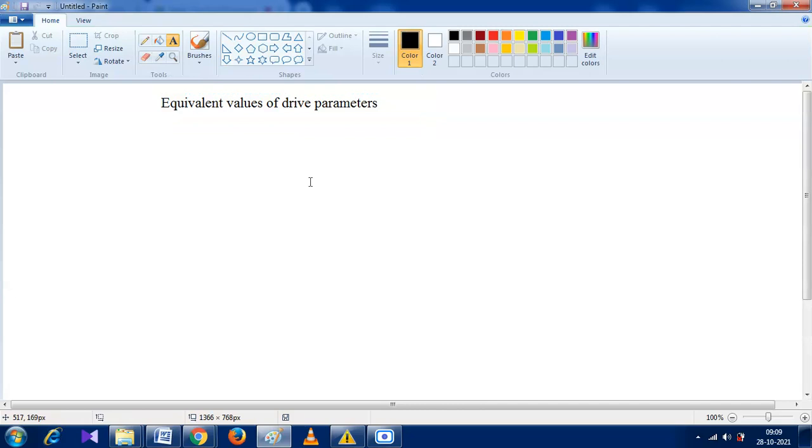There are mainly two cases. One is loads with rotational motion and another is loads with translational motion.